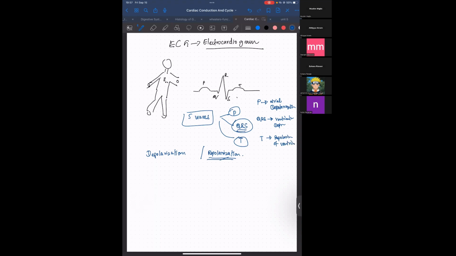Here we don't talk about atrial repolarization because it happens during the QRS complex, but due to the higher intensity of the ventricular depolarization, we don't see the atrial repolarization.